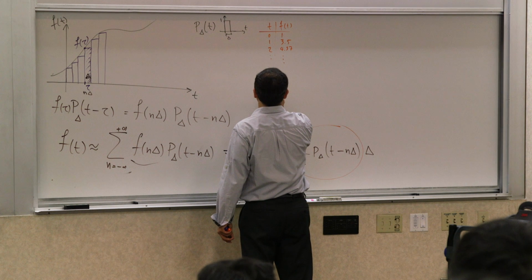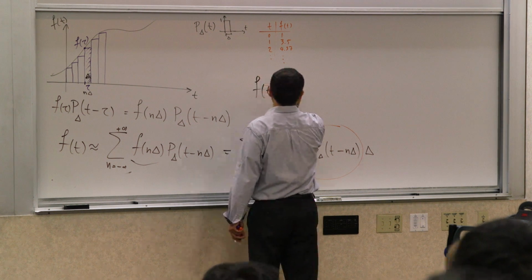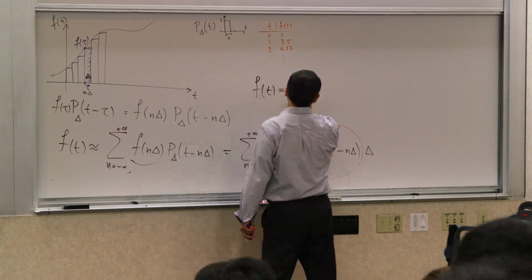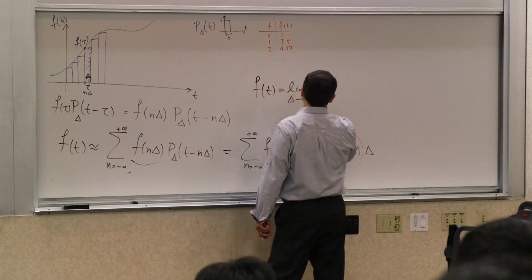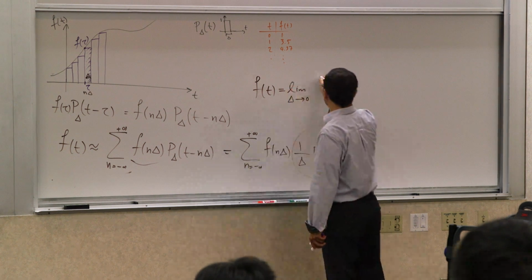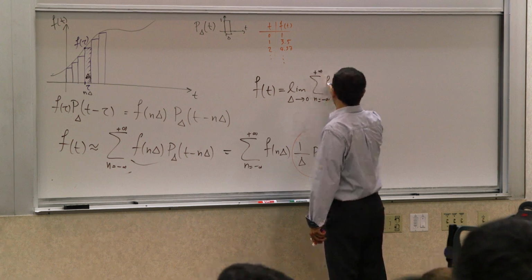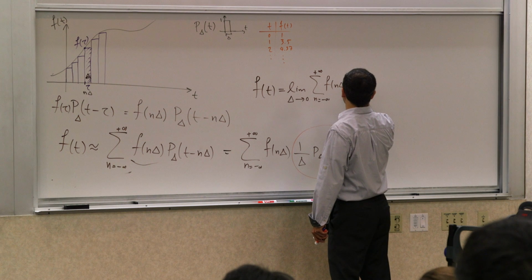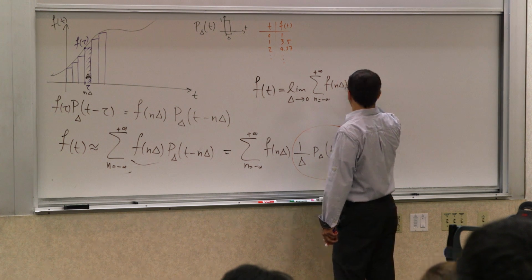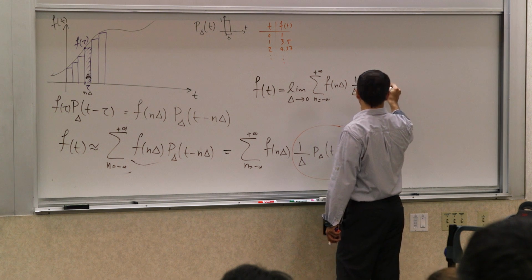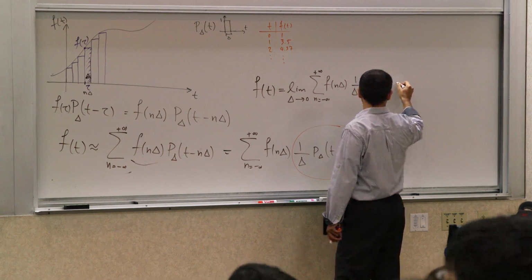F of t is going to be exactly this, for well-behaving functions: the sum of f of n delta, 1 over delta p sub delta of t minus n delta, times delta.